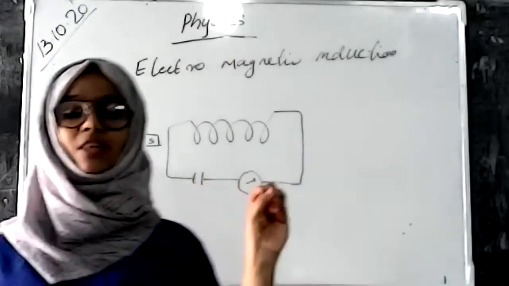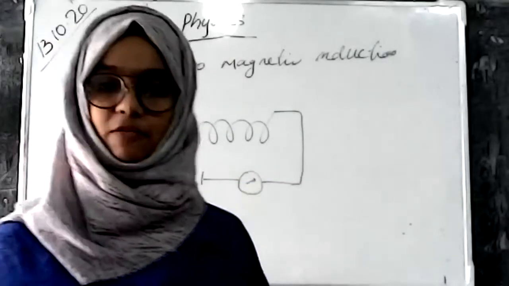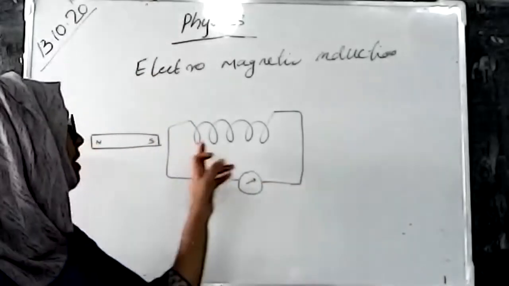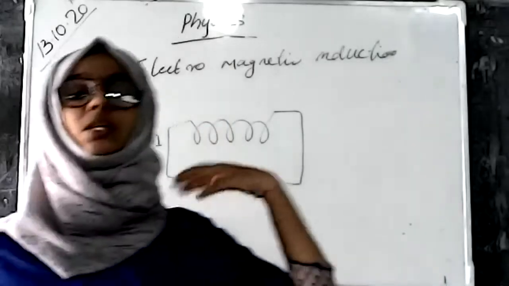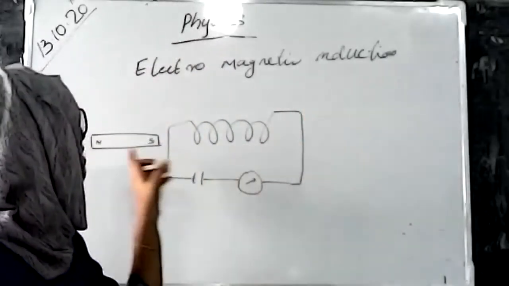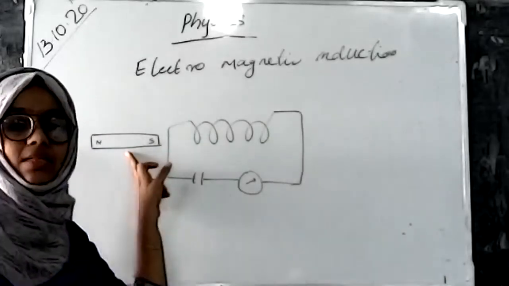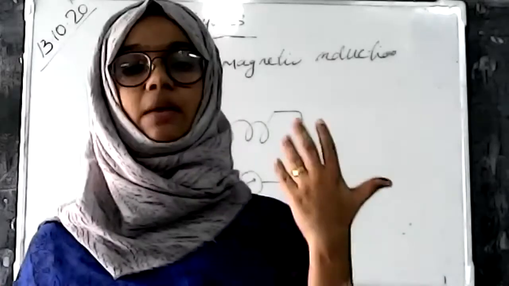And what are the factors affecting the induced EMF? When we increase the number of turns of the solenoid, the induced EMF becomes higher. And when we use a higher strength magnet in these experiments, the induced EMF is higher.